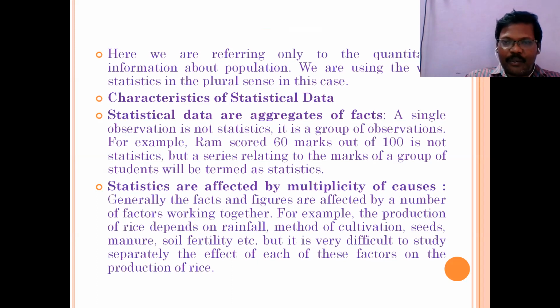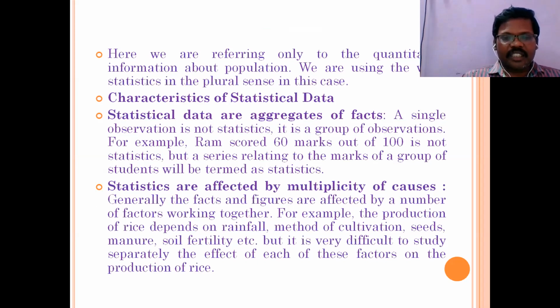That's why we are using the word statistics in the plural sense, and we are going to discuss statistics in the plural sense only. So what are the characteristics of statistical data? We will try to discuss this.